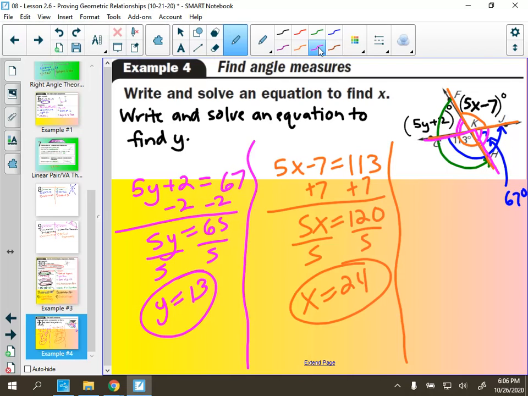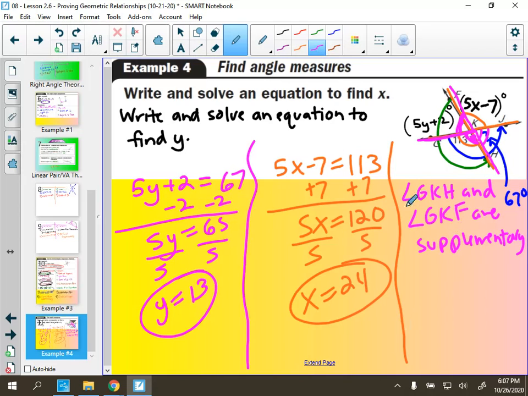GKH, so angle GKH and angle GKF are supplementary. Okay, so I'm talking about this angle right here and this angle right here being supplementary by the linear pair postulate. That's an example of how I might use that in a proof.